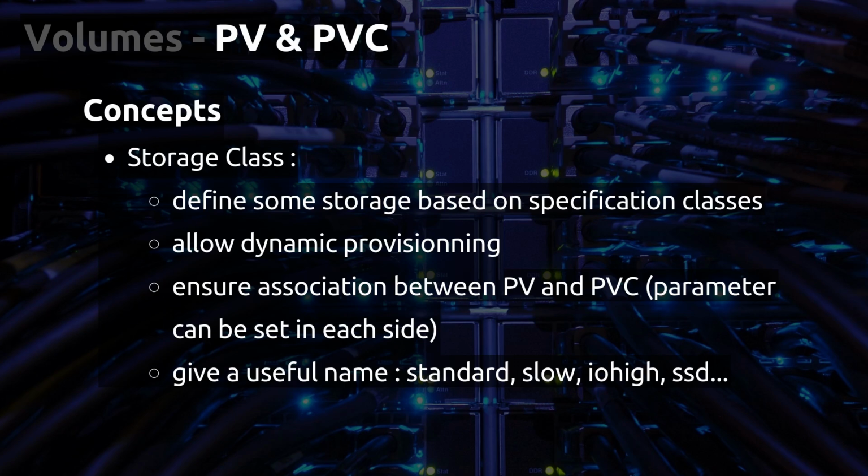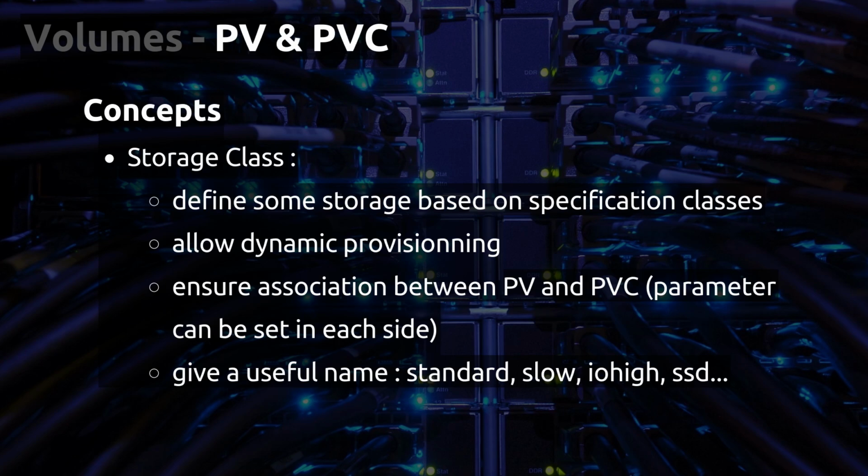Basically, that defines some specification, and like the name means, it's a class, like a class, for example, in Python or other languages. That means you have an object, and you can instantiate this object to automatically use some persistent volume, not persistent volume claim, but persistent volume directly, without creating the persistent volume.